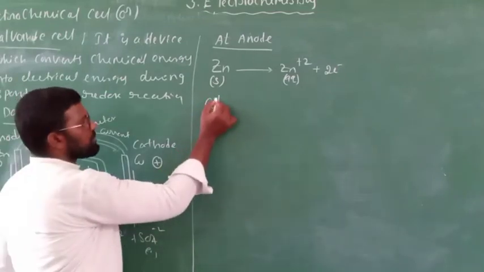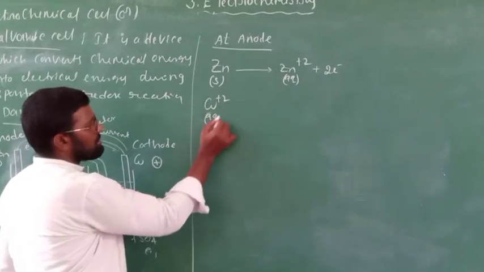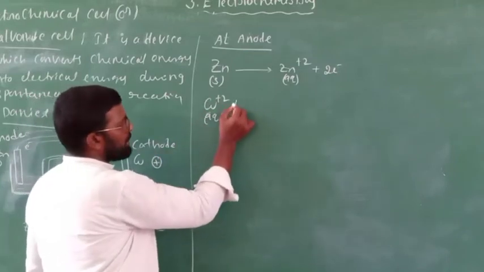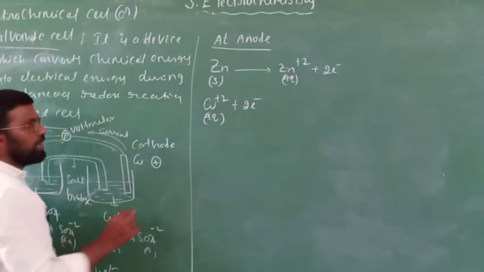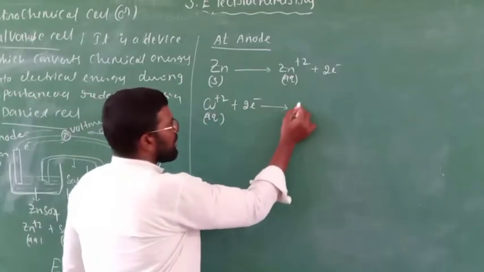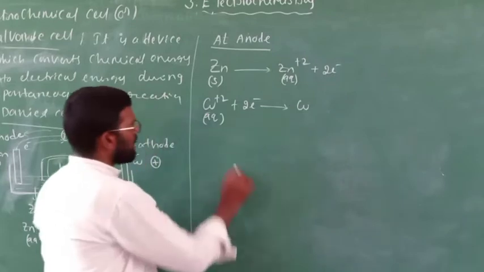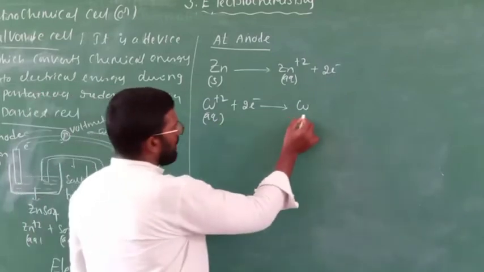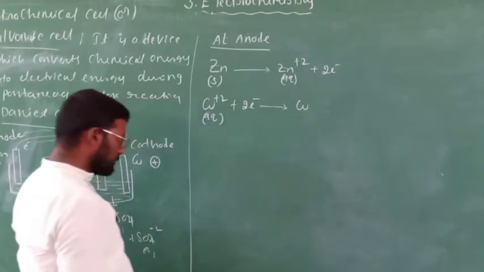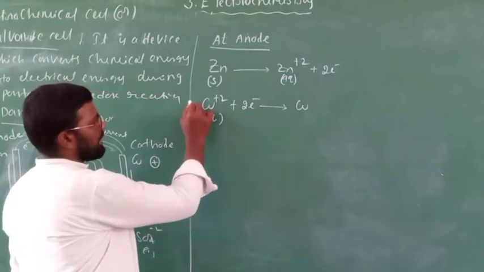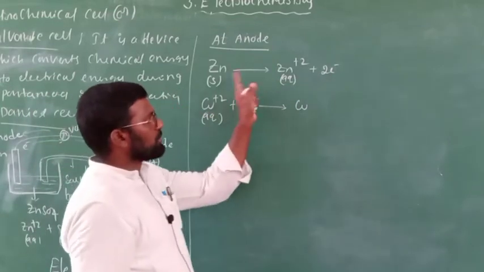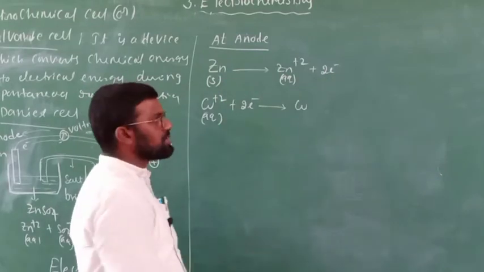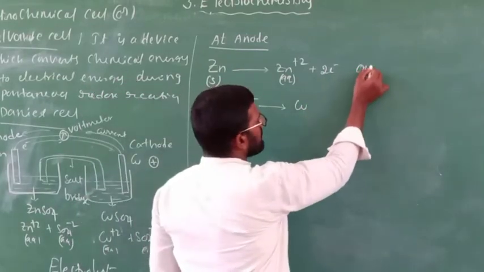Then the aqueous Cu2+ ions of the cathodic compartment, attracted by the electrons entering the cathode, are converted to Cu. This reaction takes place at cathode. In the first case, the loss of electrons is taking place, so this part is called the oxidation reaction.